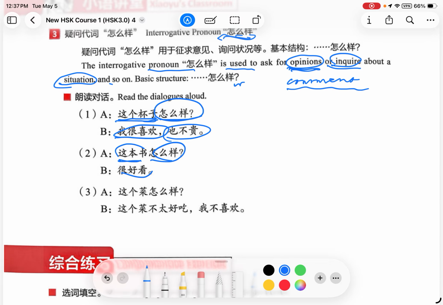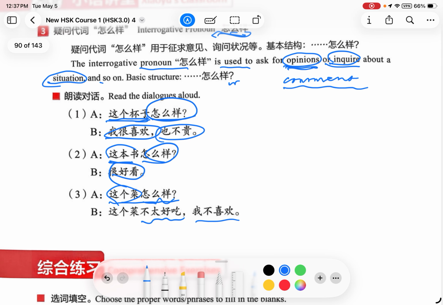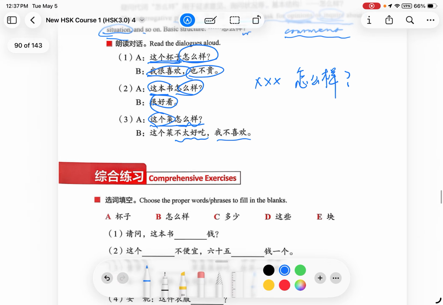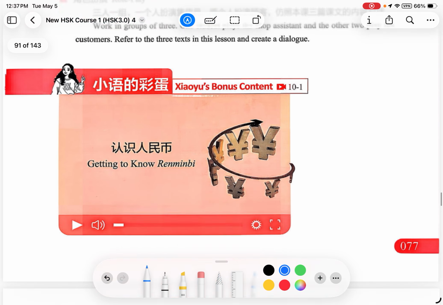It's good, a fun book. 这个菜怎么样? This dish? It's not that delicious. I don't like it. So blah blah blah 怎么样 means asking for an opinion or about a situation.